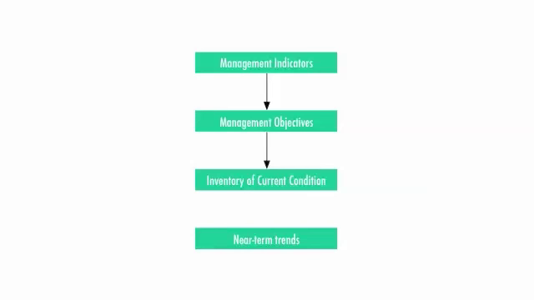This is part of understanding the situational awareness of the ecosystem and human well-being in the region, to use military terms. The other thing we need is some sort of near-term trends, and I use this instead of the foreseeable future because I think that we do need to have some idea of what is going to happen in the future, because knowing how close we are to a line in the sand is not enough.